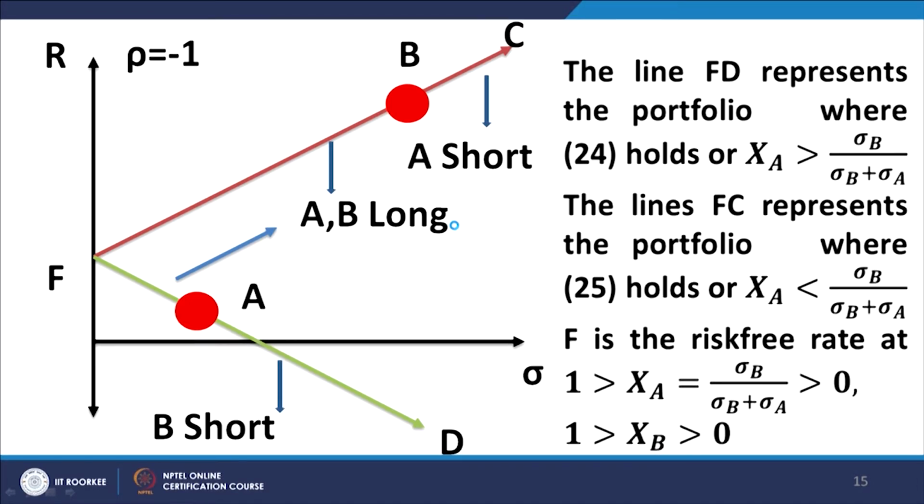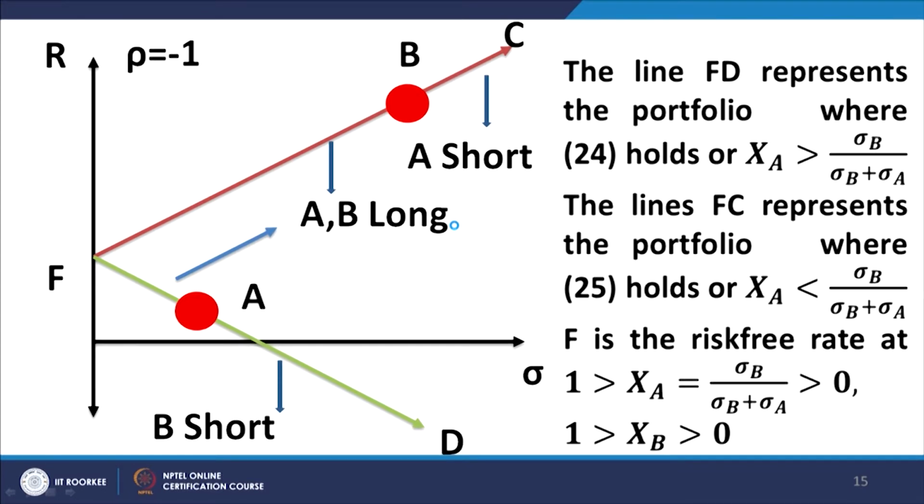sigma_b upon sigma_b plus sigma_a, and F C represents the region of the portfolio where x_a is less than sigma_b divided by sigma_b plus sigma_a. So, in this region F C, x_a is surely less than 1, and in the region F T, x_a is initially less than 1 up to point A, and then beyond point A, x_a becomes greater than 1.